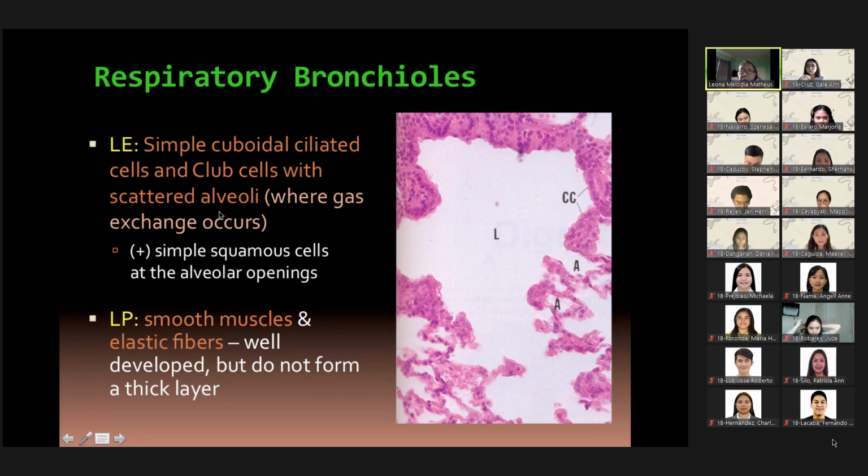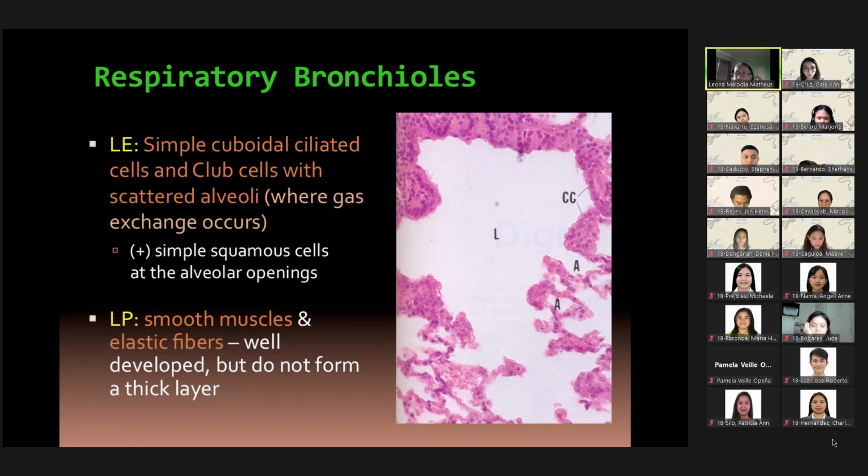As we know, it is in the alveoli where gas exchange takes place. In the alveoli, the lining epithelium is simple squamous. Look at this example of an alveolus inserted in between the lining epithelium of the respiratory bronchiole, which is simple cuboidal ciliated with club cells.